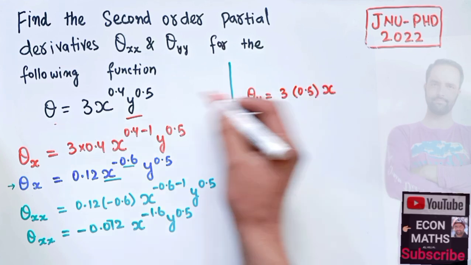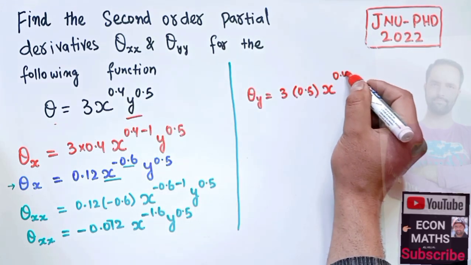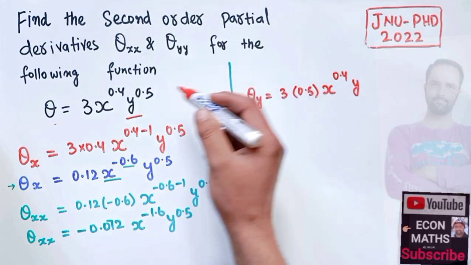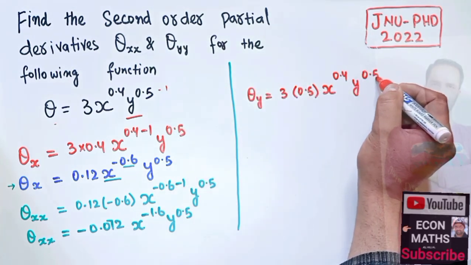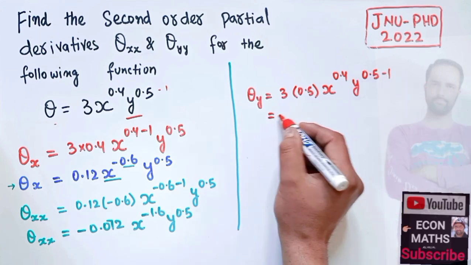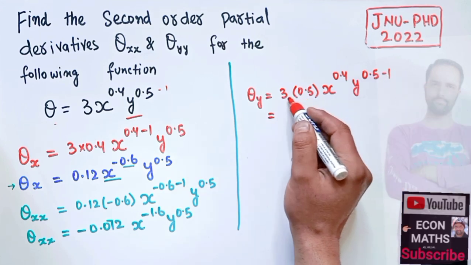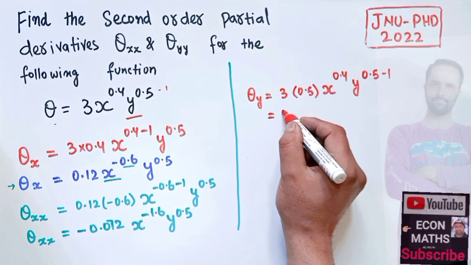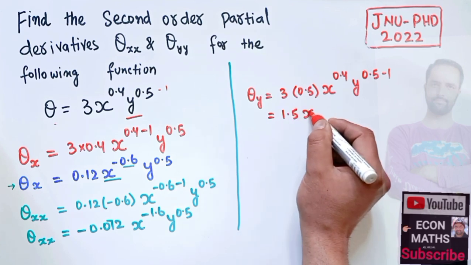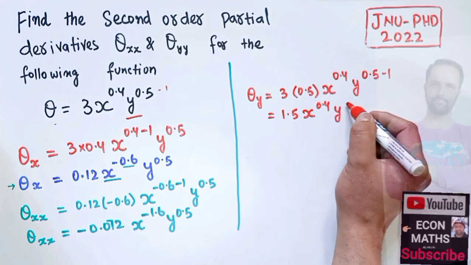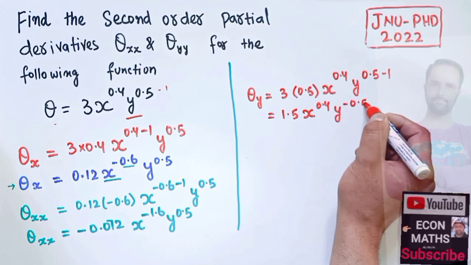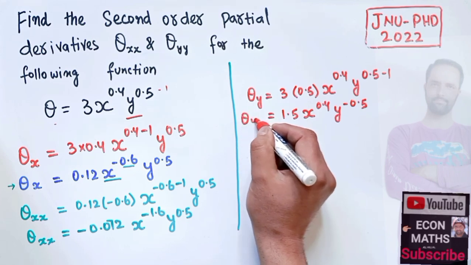X will remain same as it is because we are taking the partial derivative with respect to y. So exponent is subtracted by 1 by power function rule, so we have 0.5 minus 1. 3 into 0.5 comes out to be 1.5 x to the power 0.4 times y to the power 0.5 minus 1 comes out to be minus 0.5. This is our first order partial derivative.